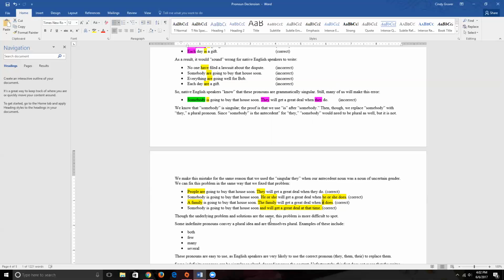And so to say a family is going to buy that house soon, it will get a great deal when it does, sounds confusing. Are you talking about the house? Well, a house doesn't get a great deal. It's difficult for us to equate the pronoun it to be related to our antecedent noun family.